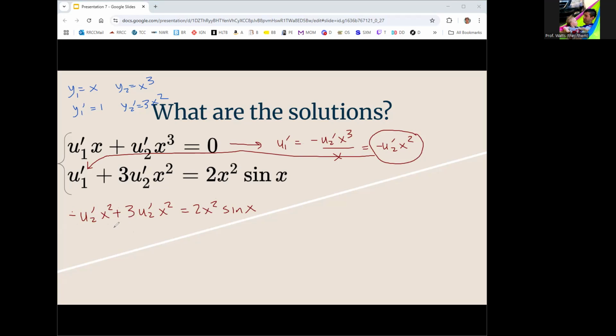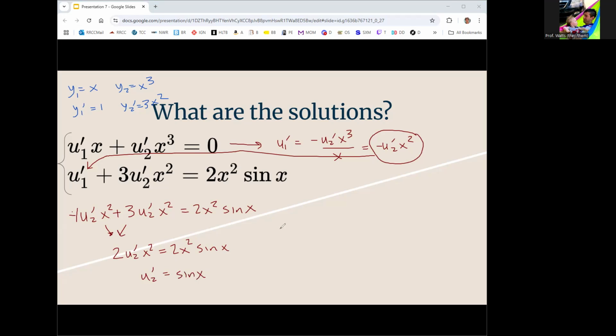The terms on the left are actually like terms. It's 3u2 prime x squared minus u2 prime x squared. And so those would combine and give you 2 u2 prime x squared. You can divide both sides by 2x squared and get u2 prime equals sine of x.